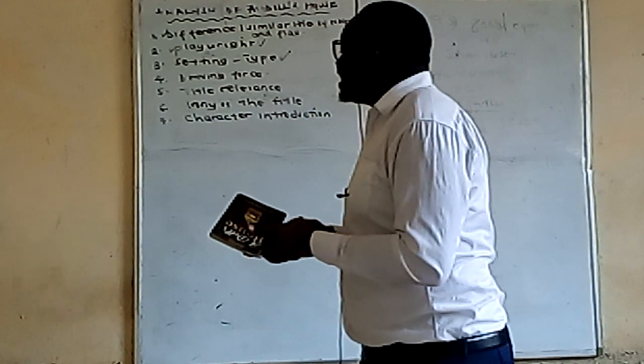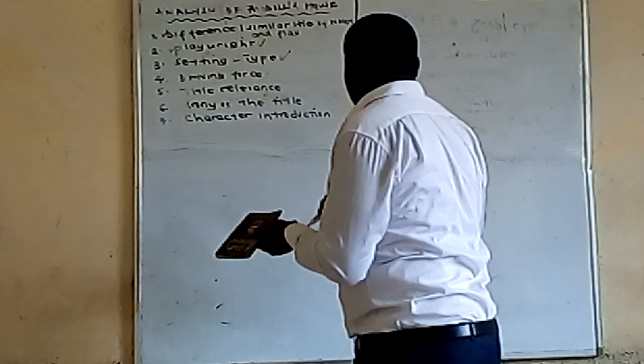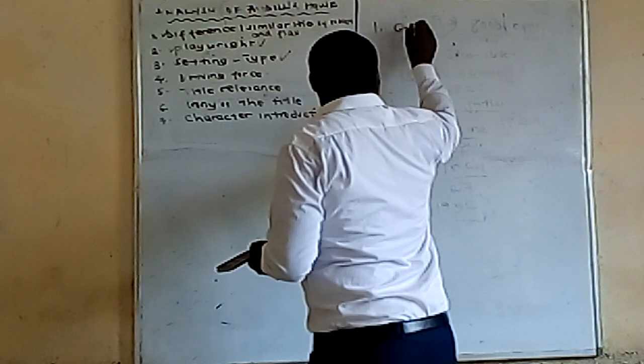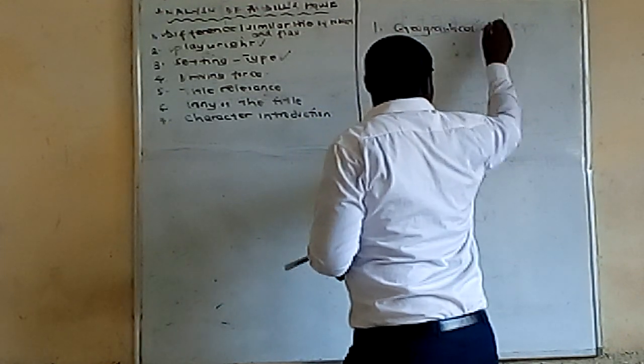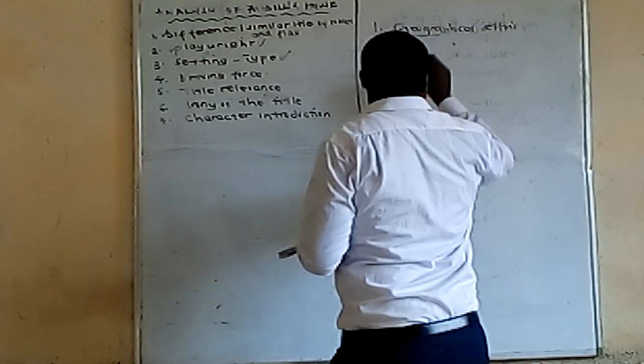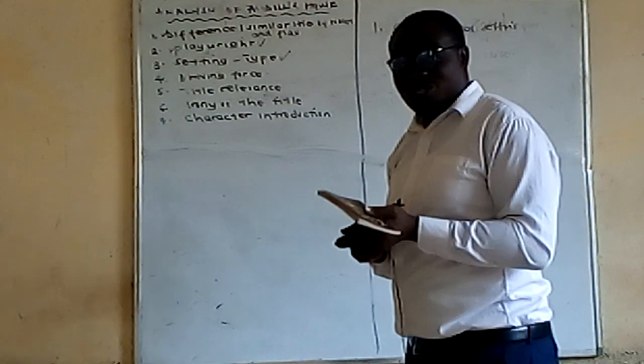But to be able to understand the setting of this book very well, I will divide the setting into 3 types. The first setting, I will call the geographical setting. Geographical setting has to do with the place where the book was written.